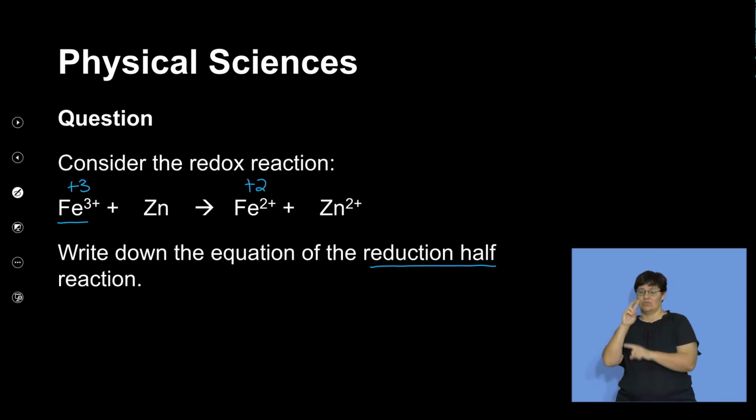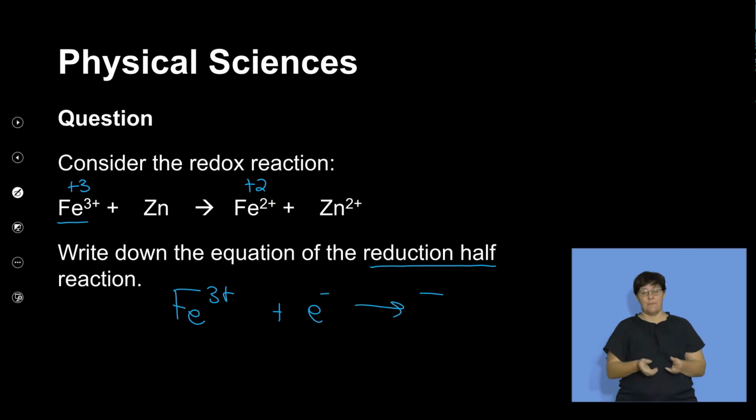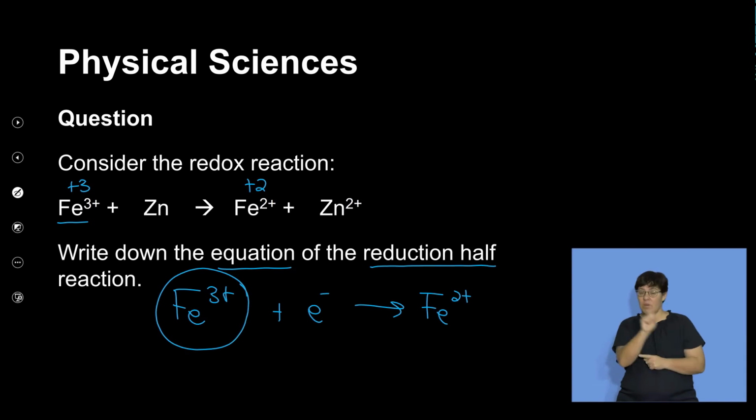So there is a decrease in the oxidation number. Hence, this substance has gained. So the half reaction that's relevant is Fe3+ plus an electron gives us what? Fe2+. So this is the equation. The substance that undergoes the reduction process in this case is iron 3. Pay careful attention to that.